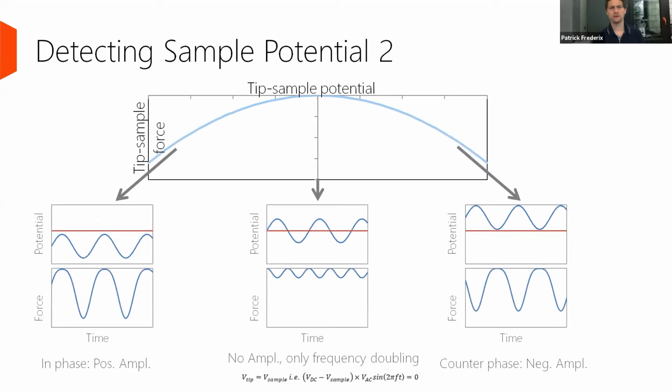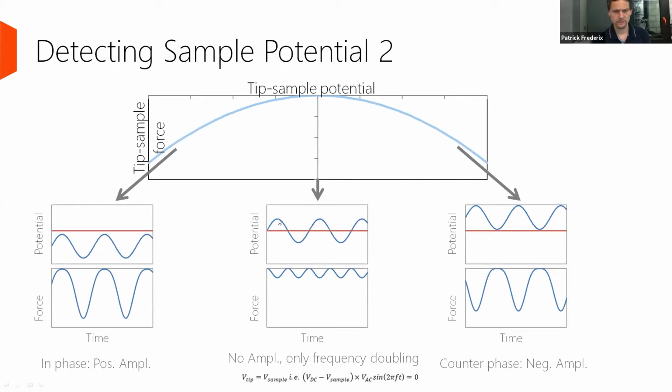We now go to the next slide, and then you see here in the middle what happens if my DC voltage on the tip is exactly equal to the sample voltage, here denoted by the red line. Then you have this AC voltage around it. At those points where the tip voltage crosses the sample voltage, there is zero electrostatic force.